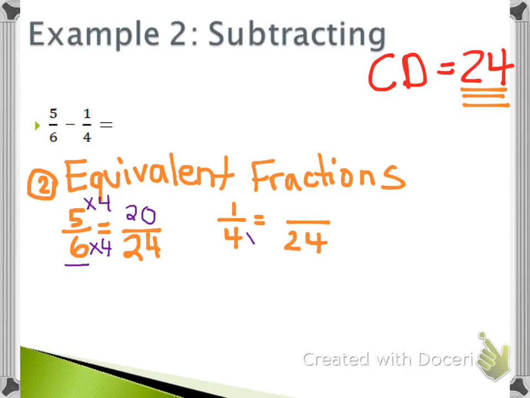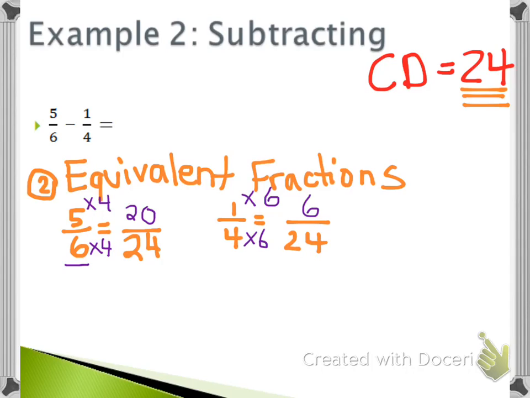Well, I need to multiply it by 6, because 4 times 6 is 24. And if I multiplied by 6 in the bottom, I also need to multiply by 6 in the top. So I'm going to multiply the numerator 1 by 6. And that's going to give me 6.